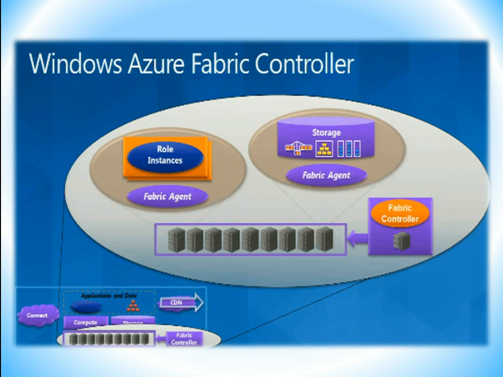But apparently, what's not shown in this diagram is that every virtual machine running on that physical box has a Fabric agent, and there's an advantage to have that kind of functionality at an individual virtual instance level, so that it's easier for the Fabric controller to look at.